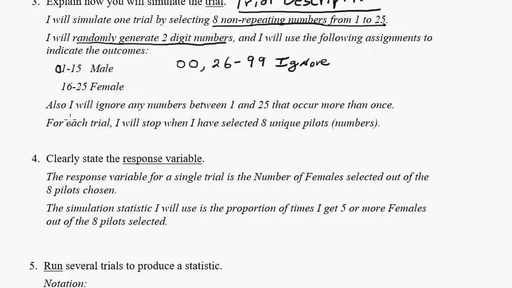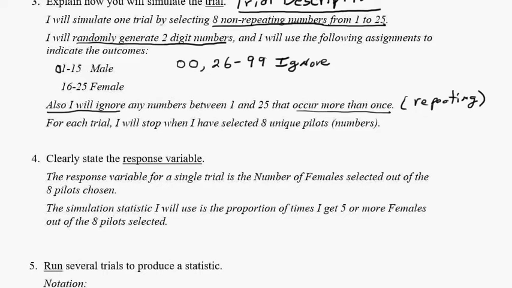I also need to say for this situation to ignore numbers between 1 and 25 that occur more than once. If they repeat, ignore repeating. The reason is that we don't want to select the same pilot for 2 jobs. So it makes sense in this case to do that.